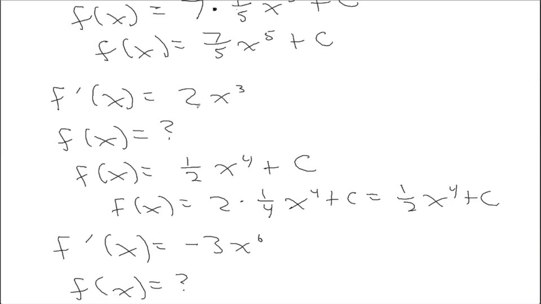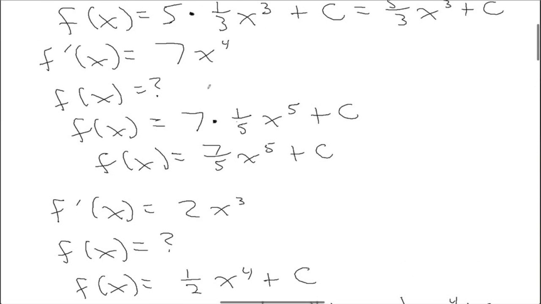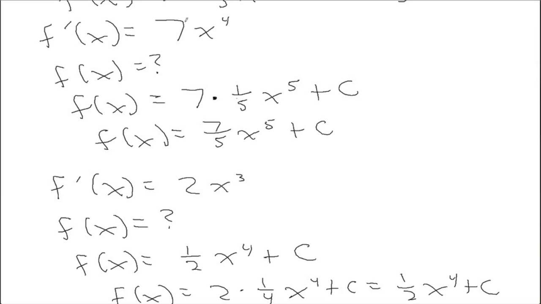You didn't take the antiderivative of 2. Right. In this case. Or maybe this is a better example here. I had 7 times x to the 4th. Well, I didn't take the antiderivative of the 7. I didn't write down a 7x here. I just copied down the 7.